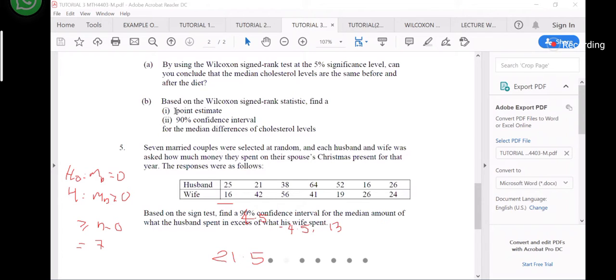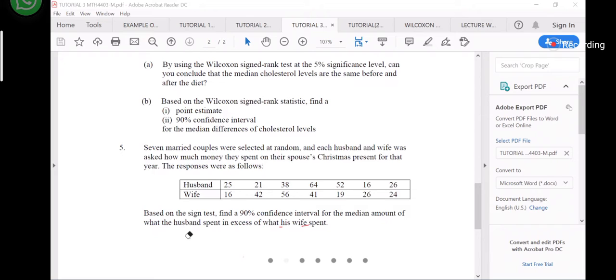Since we want the excess of what the husband spent over his wife, we need to subtract husband minus wife to get the differences.